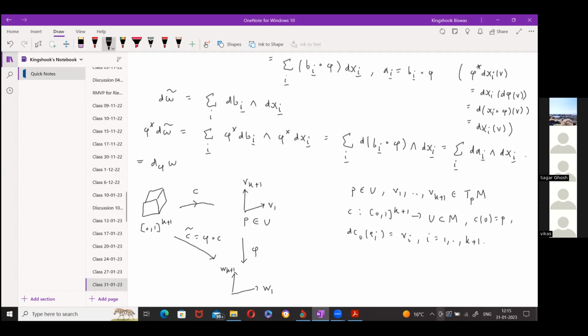So let me say Q is phi of P. So Q is equal to phi of P. This is a point in V in Rn. And say Wi is equal to d phi P of Vi. And this by the chain rule will be the derivative of the cube in Rn, dC tilde at 0 of Ei.